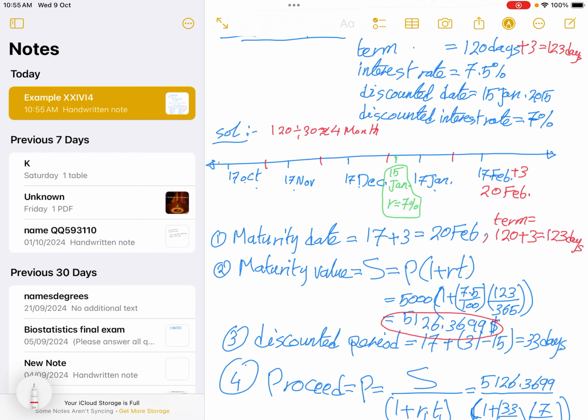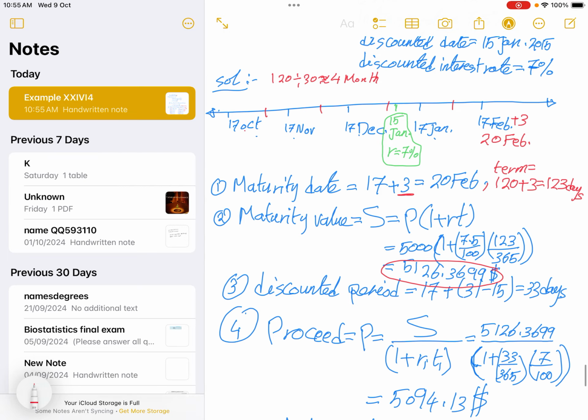Here, the maturity date, we stop at 17 February. Then add 3 for Canadian, and you will have 20 February and the term 120 plus 3, 123 days.